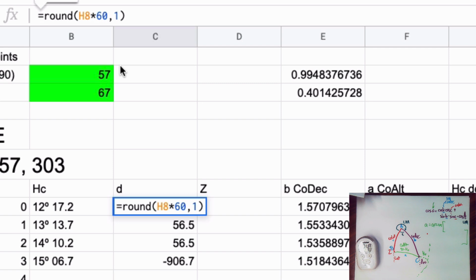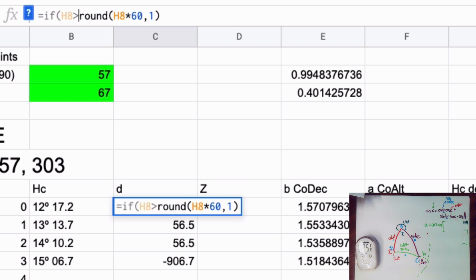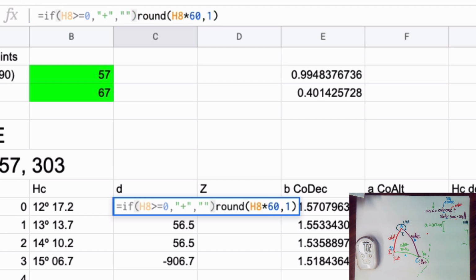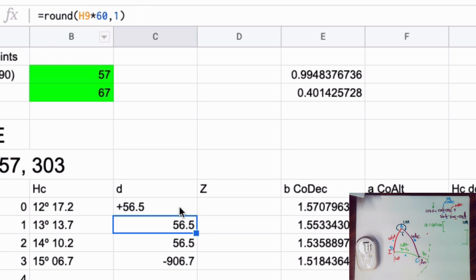So we're going to put in an if: if H8 is greater than or equal to 0, so it's positive or a zero value, then we want to add a plus sign. Otherwise, we don't want to add anything. And then we want to put an ampersand because we want to concatenate this with the next piece of text. Okay, and now it has added a plus sign.